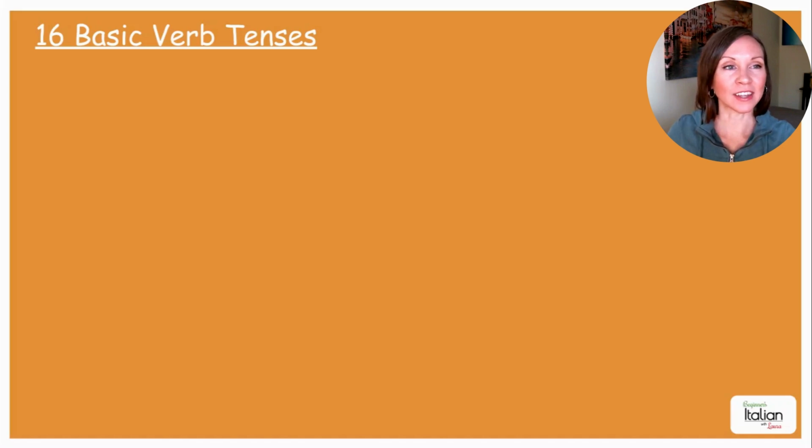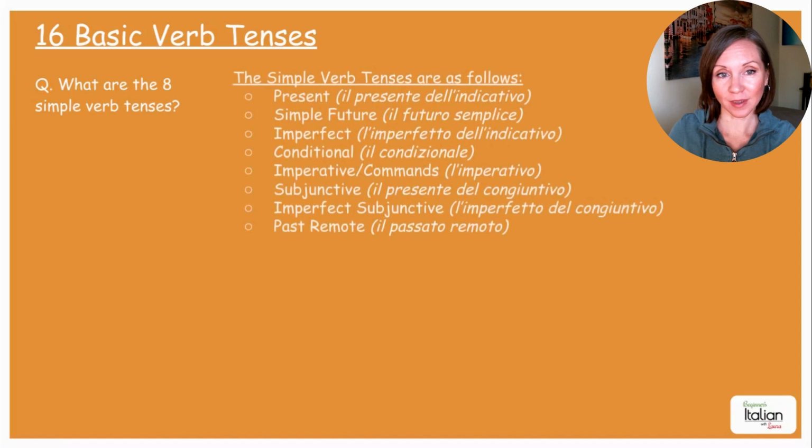Okay, so we have the 16 basic verb tenses. What are the 8 simple verb tenses? So the simple verb tenses are as follows.